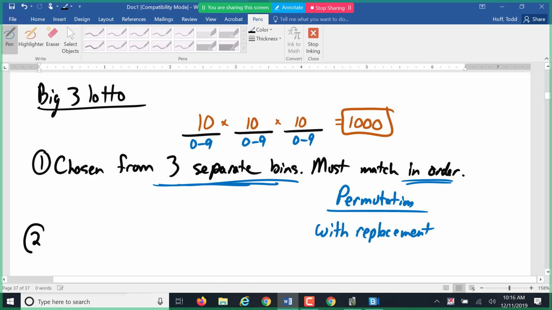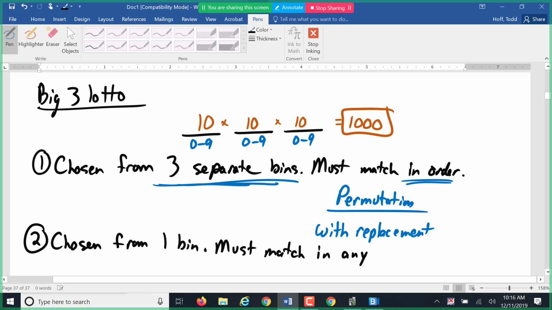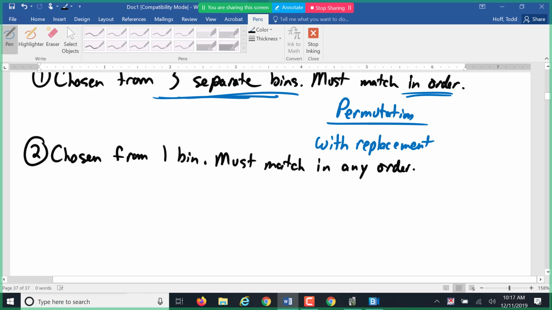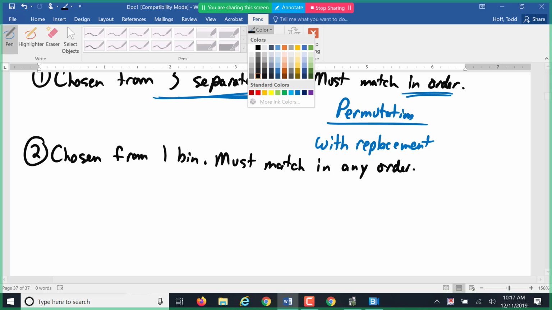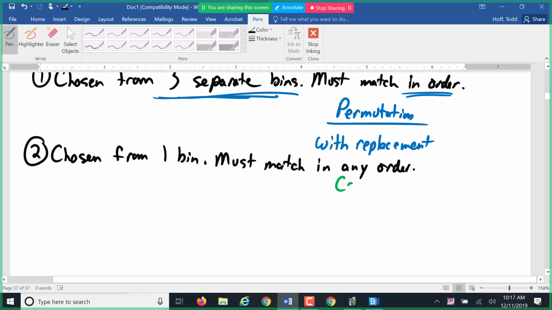Our second possibility, chosen from 1 bin, must match the numbers in any order. So as long as you have those same 3 numbers, the order you have them does not matter. Well, since the order doesn't matter, this is a combination.